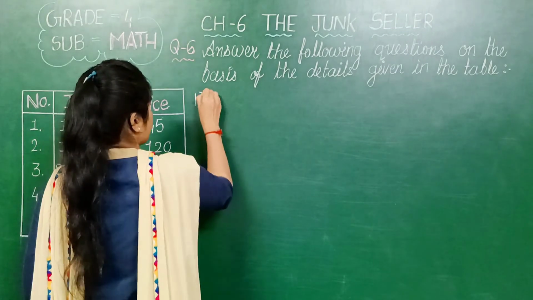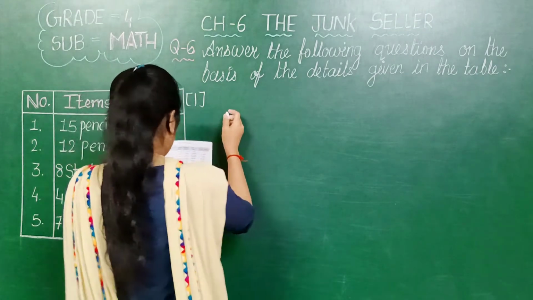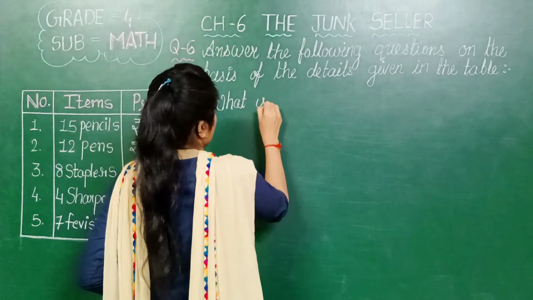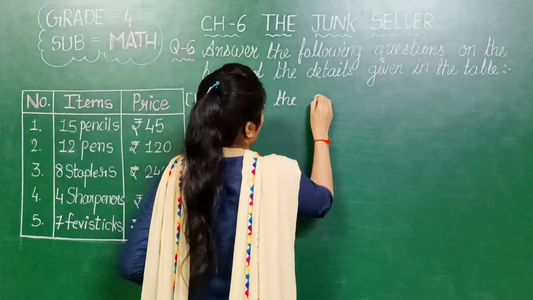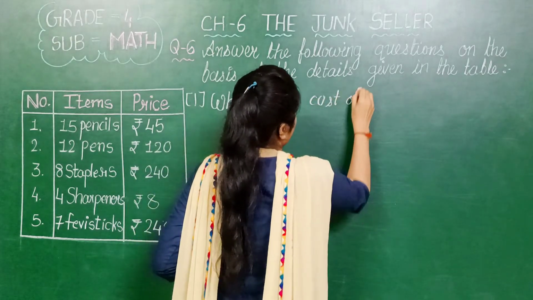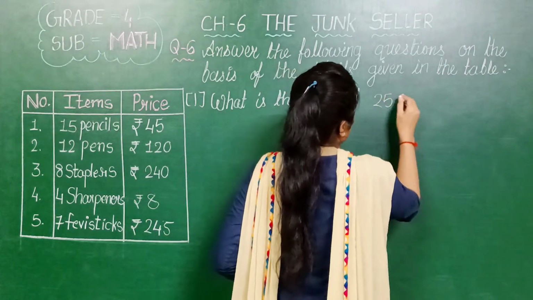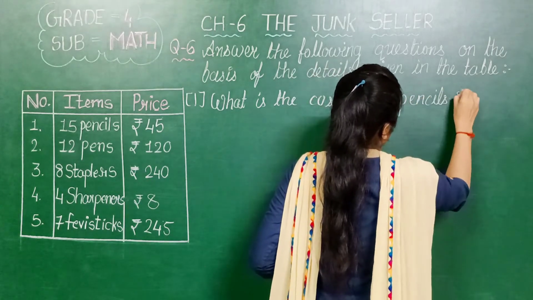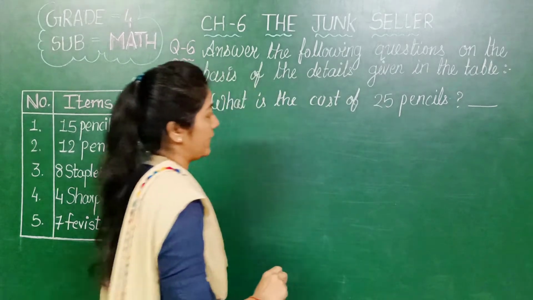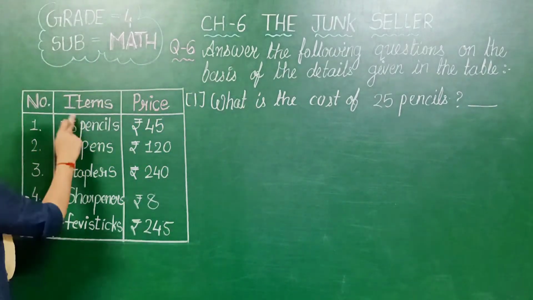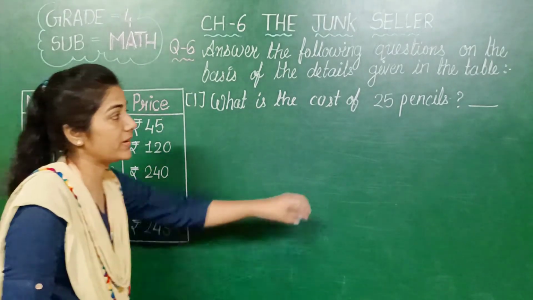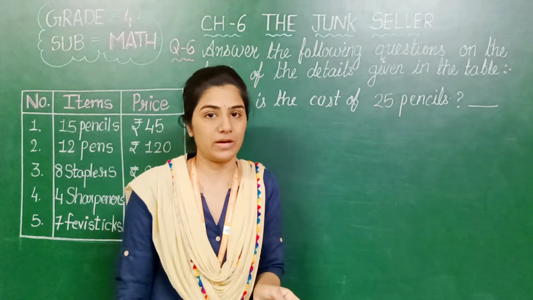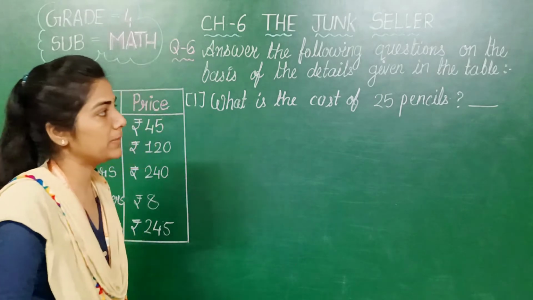The first question is, what is the cost of 25 pencils? This we have to find. Now we have the cost for 15 pencils and we have to find the cost of 25 pencils. More pencils, so we have to find the higher cost. So cross multiplication will come.